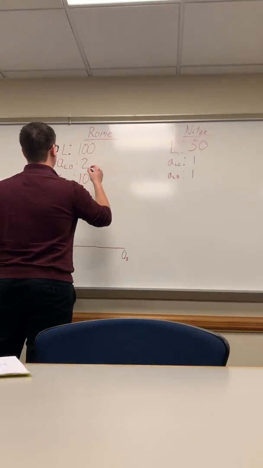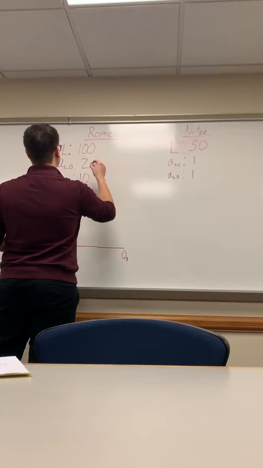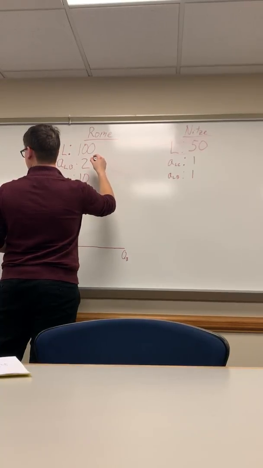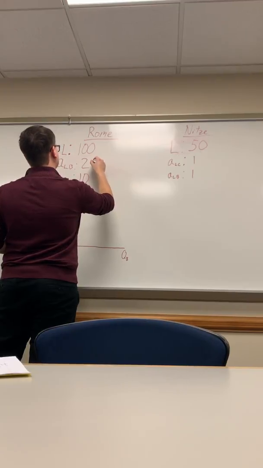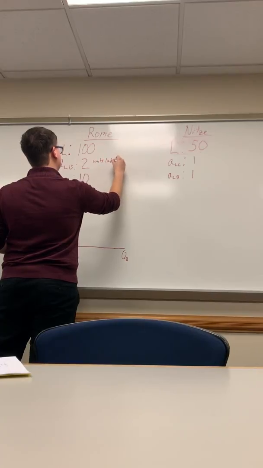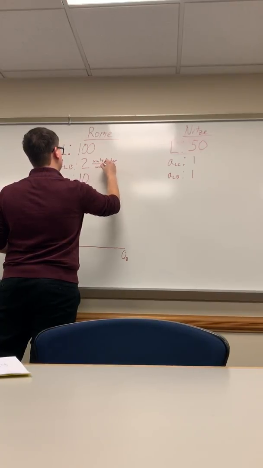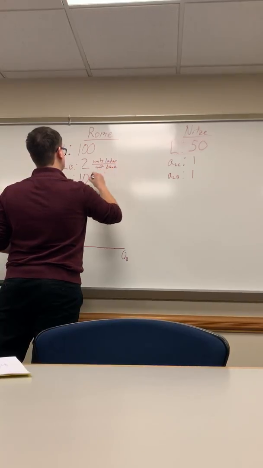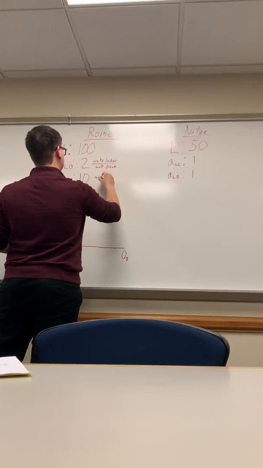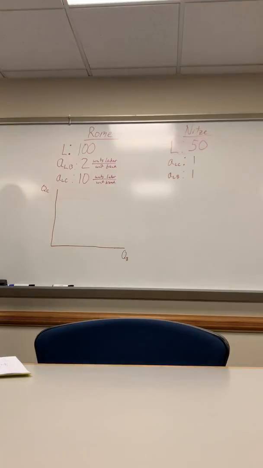I'm going to say units of labor per unit of bread. And then over here, per unit of bread. Right, okay, so let's start with the C side.